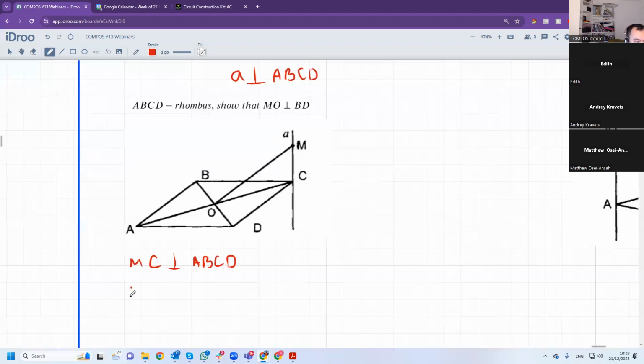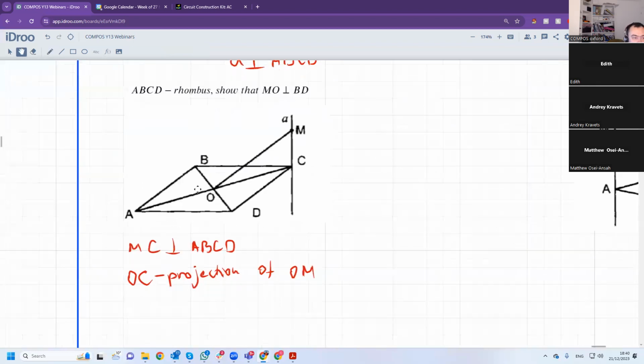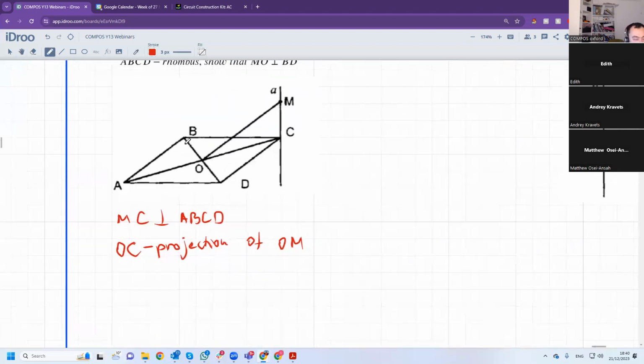That means OC is the projection of OM. Okay, so OC is the projection of OM.